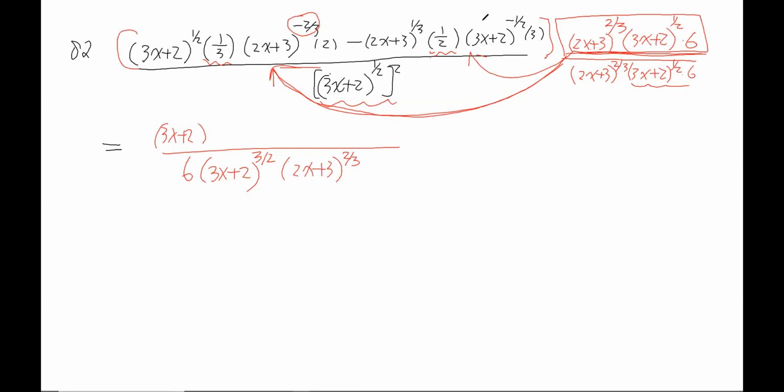It's going to be 4 here, right? Yes. Okay, minus (2x plus 3) times 3 times 3, so 9. Very good.